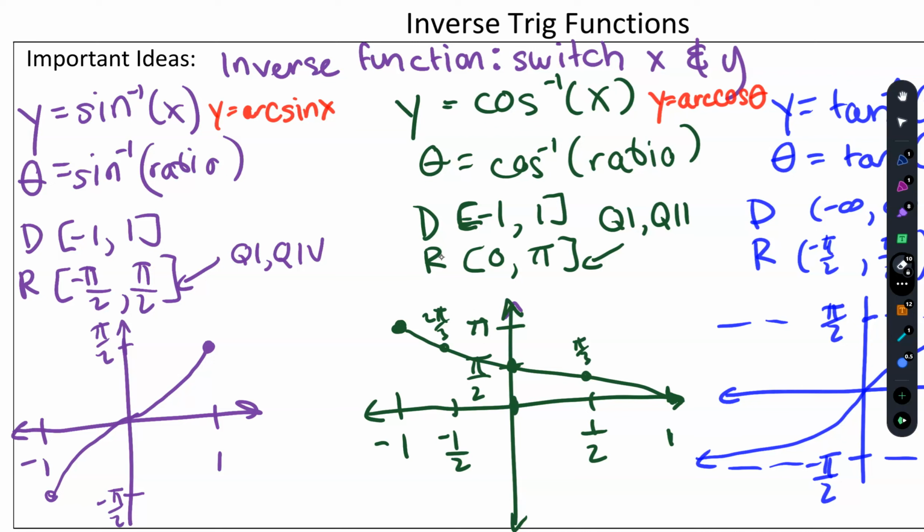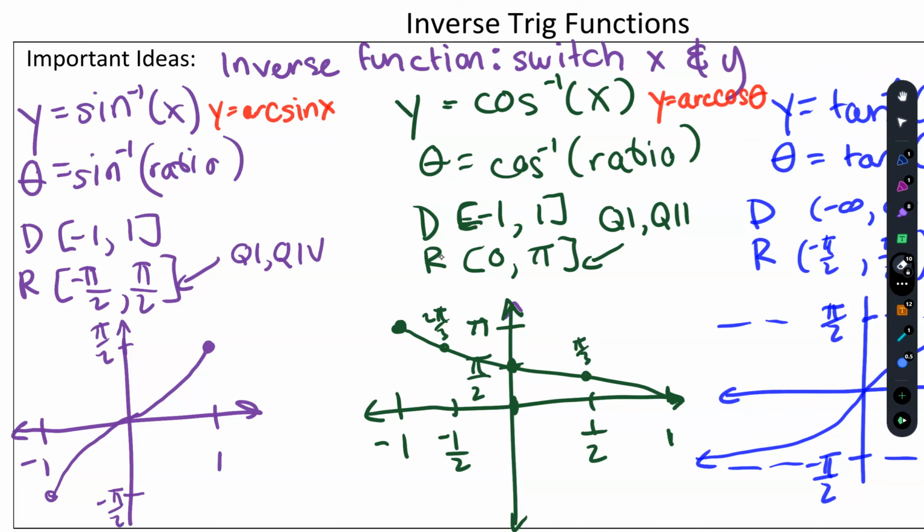So the domain of your inverse cosine is going to be from what to what? -1 to 1. We can't have anything outside of that value, because we look at our normal cosine curve, right? And the range of output for inverse cosine is going to be from 0 to pi, because I restricted my domain. So what two quadrants is from 0 to pi? 1 and 2. Good deal.